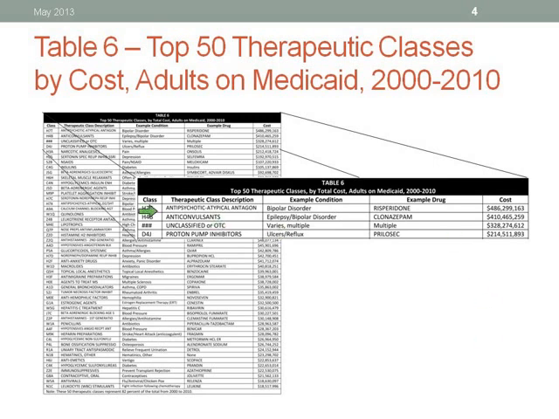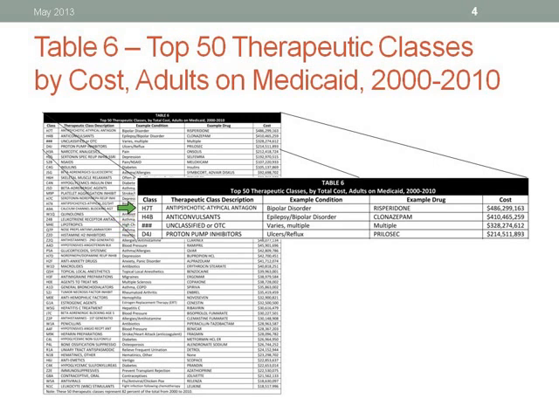So you see the number 1 therapeutic class, and these therapeutic classes are indicated by a 3-character alphanumeric designation, except in the case of unclassified or OTC, over-the-counter, which is hashtag, hashtag, hashtag, but otherwise indicated by these 3 alphanumeric characters.